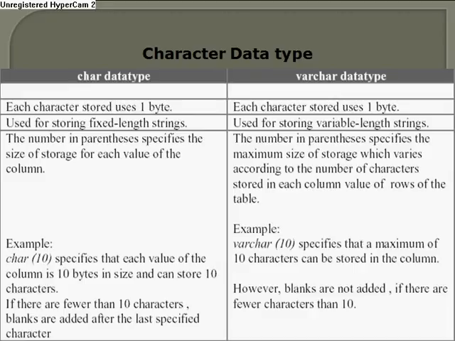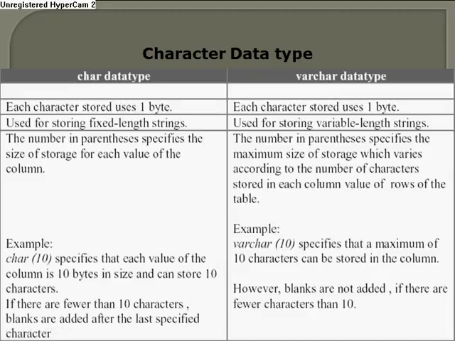So we require a complete 10 byte field in the character data type, but in the varchar data type, this 10 is specified as the maximum value, meaning we can store a maximum of 10 characters in this particular field.